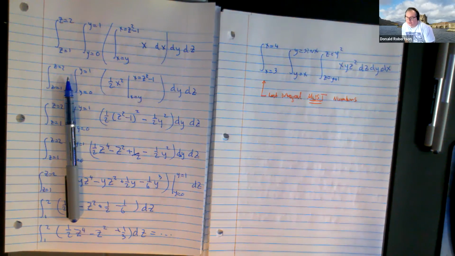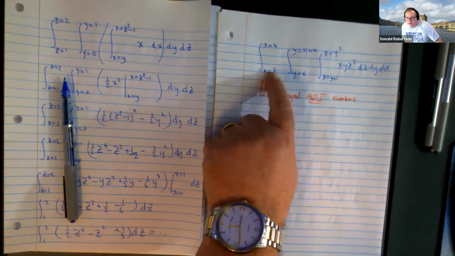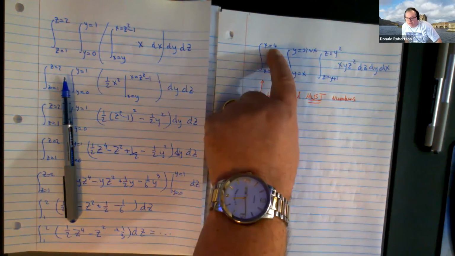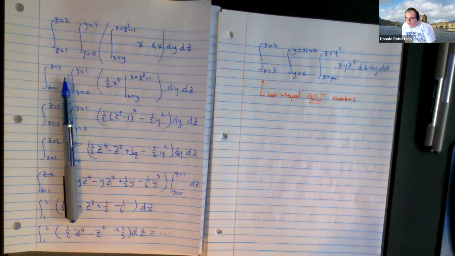Because in the future, you're going to have to create the limits of integration x, y, and z. And if you think that the last one has a variable in it, like x equals 3 to x equals y squared, you are wrong, right? Just say, okay, my order of integration is wrong. Maybe I should make that the second one, right? Not the last one, whatever.